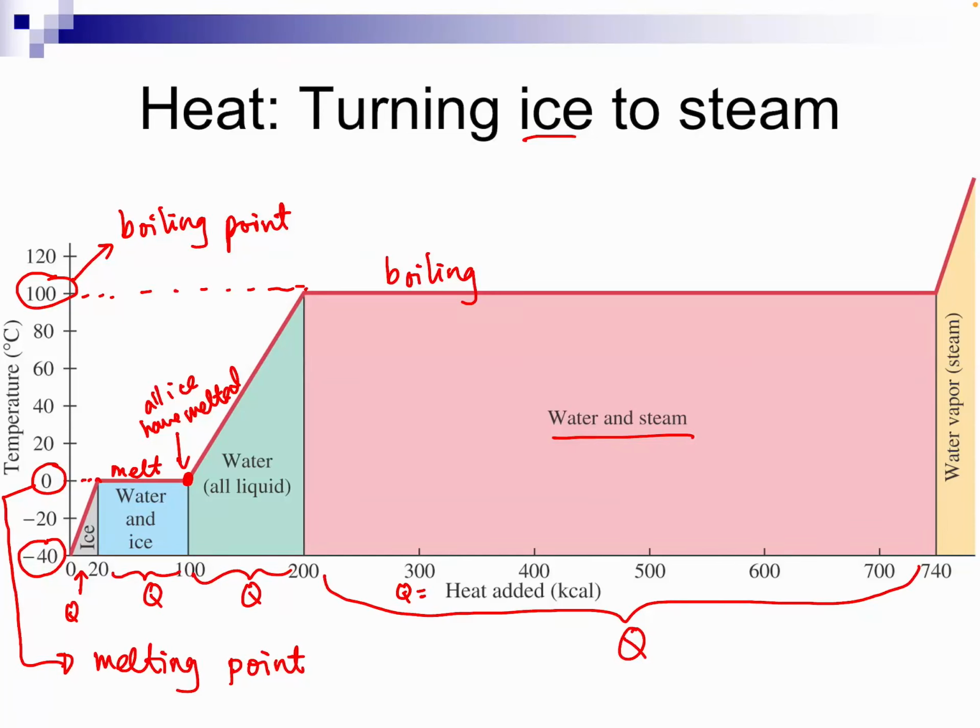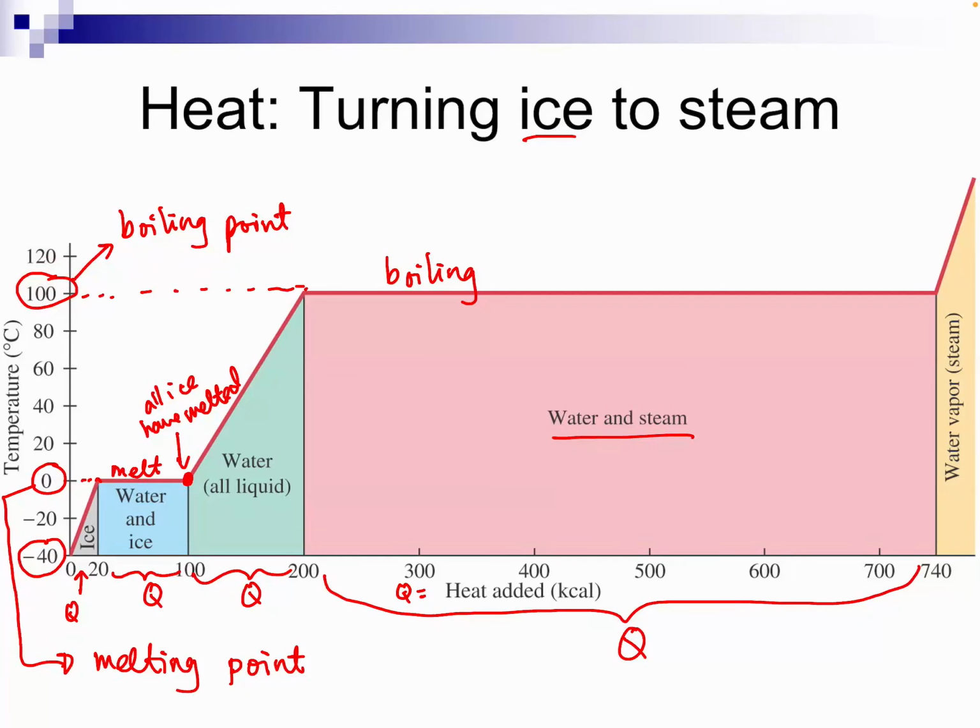So just like melting, during melting, the temperature of the water and ice mixture didn't change. It stayed at the melting point, 0 degrees Celsius. During the boiling process, since all of the heat goes into changing the phase from water to steam, the temperature of the boiling water will also remain constant at the boiling point temperature, which is 100 degrees Celsius.